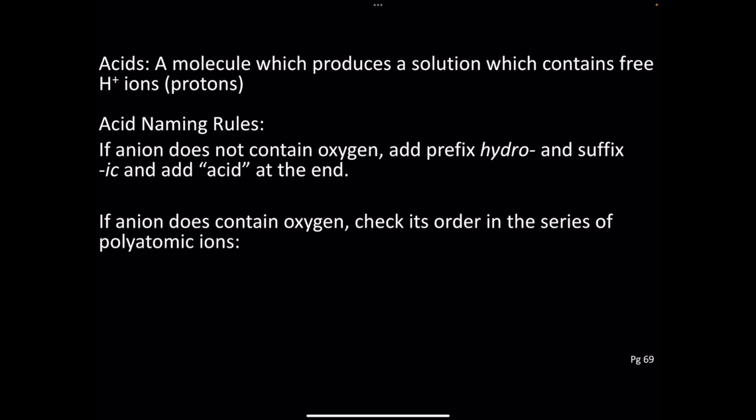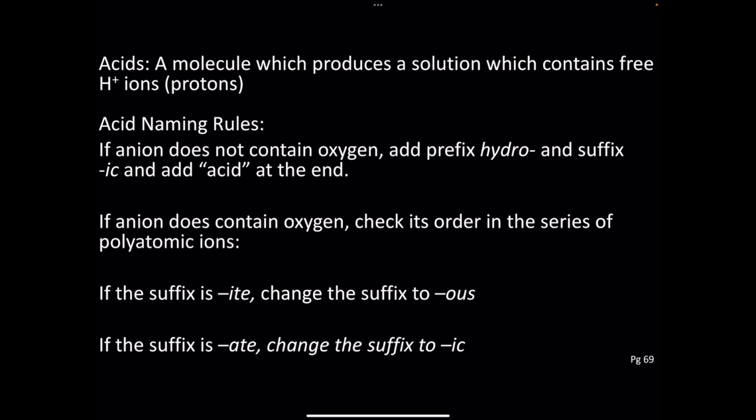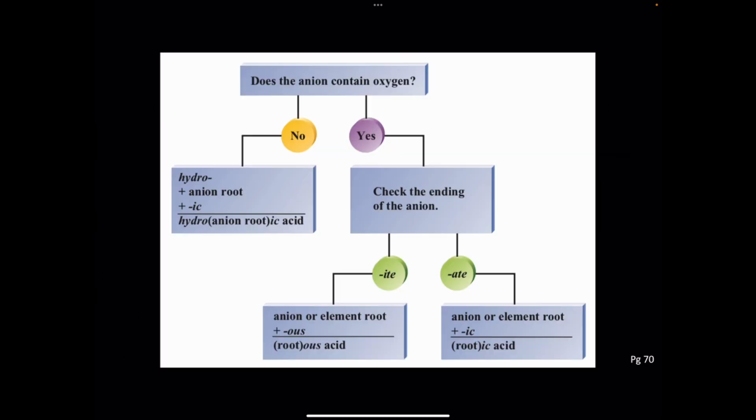If it does contain oxygen, then we check its order in the series of polyatomic ions, just like we did before. And if the suffix is ite in that series of polyatomic ions, then we change it to ous so that we can denote that as an acid. If it is ate, then we change the suffix to ic.